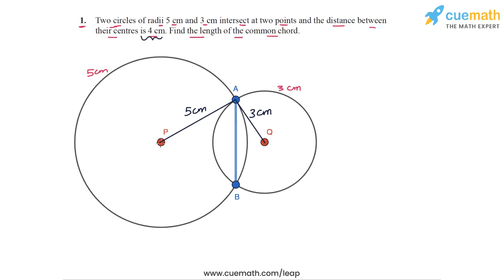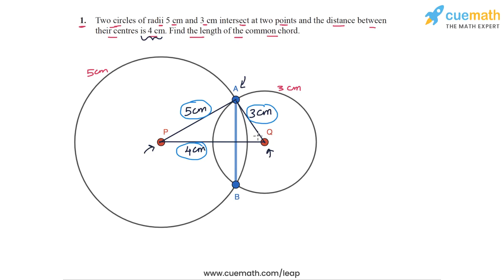So if I join the two centers, this segment should be 4 centimeters. So by joining the two centers P and Q and one of the endpoints of the common chord, we get this triangle APQ in which the sides are 5 centimeter, 4 centimeter and 3 centimeters.